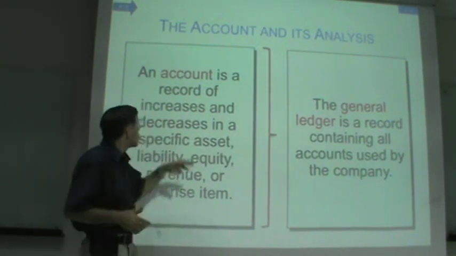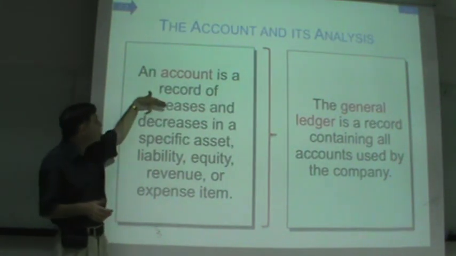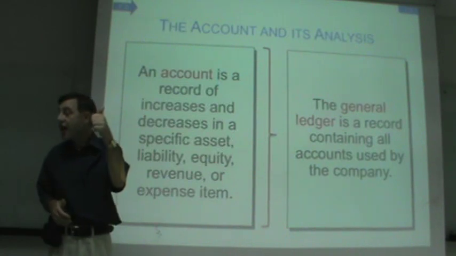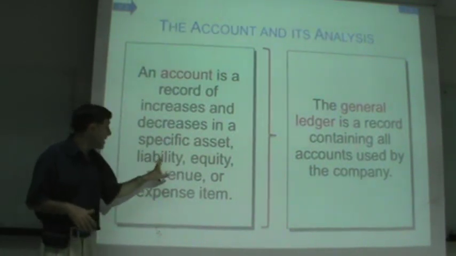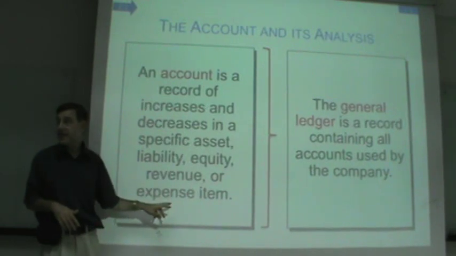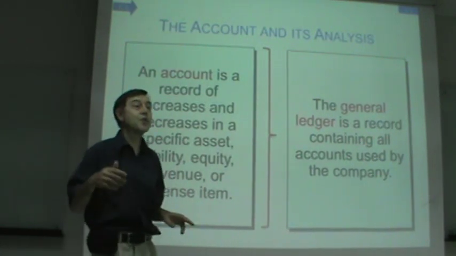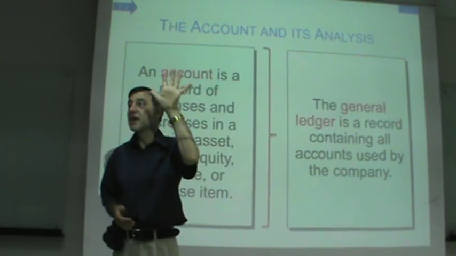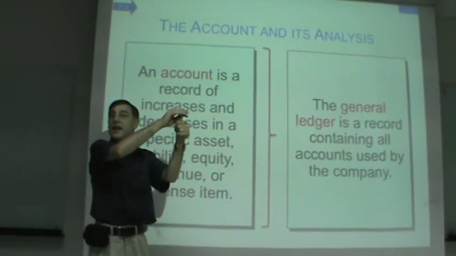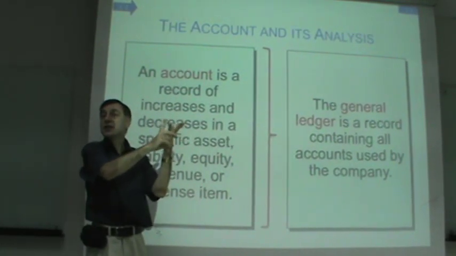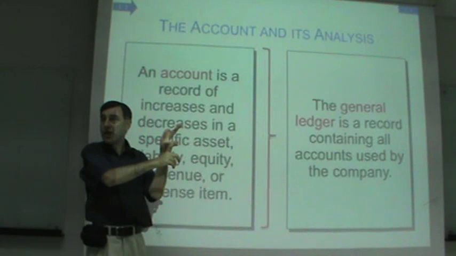So it is a record which increases or decreases for a particular asset, liability, equity, revenue, or expense. So a simple question is, which are the 5 types of accounts? These are asset accounts, liability accounts, equity accounts, expense, and revenue.